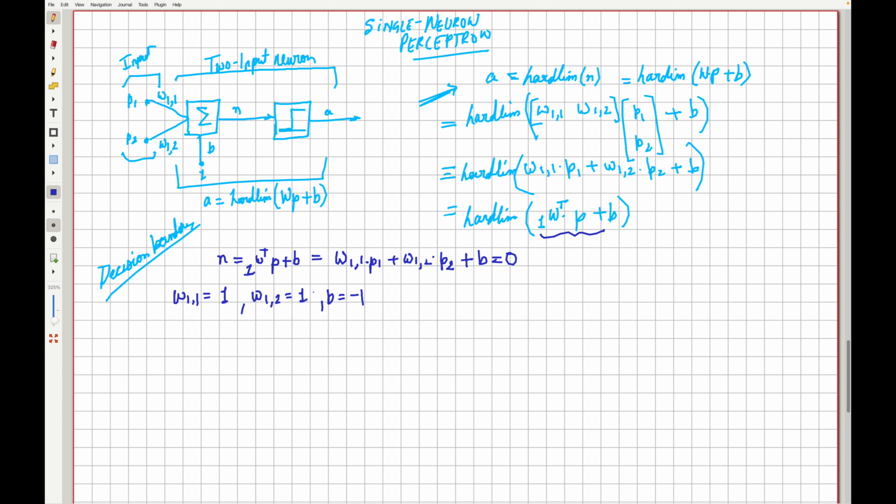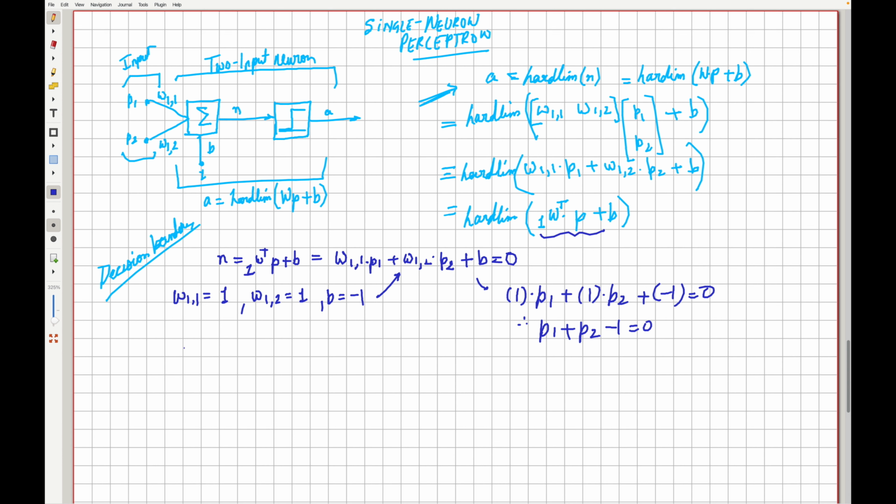If this is the case, we can substitute these values in the above equation, and what we get is 1 times p1 plus 1 times p2 plus -1 is equal to 0, and therefore we get p1 plus p2 minus 1 is equal to 0.